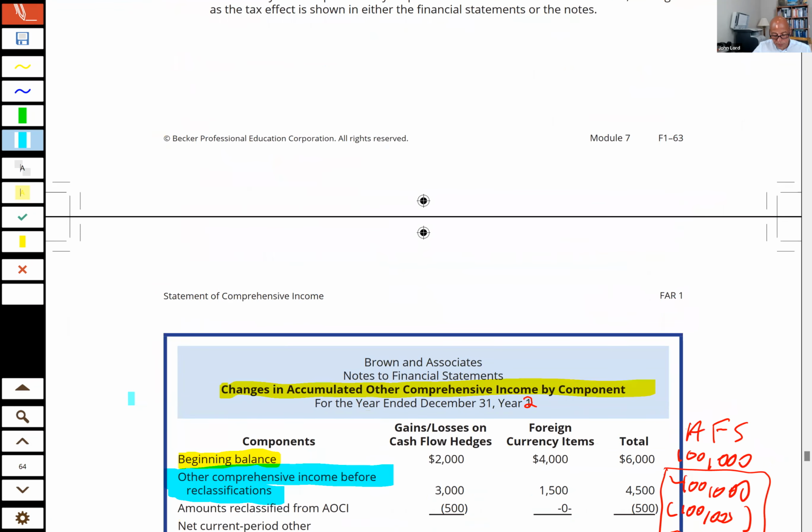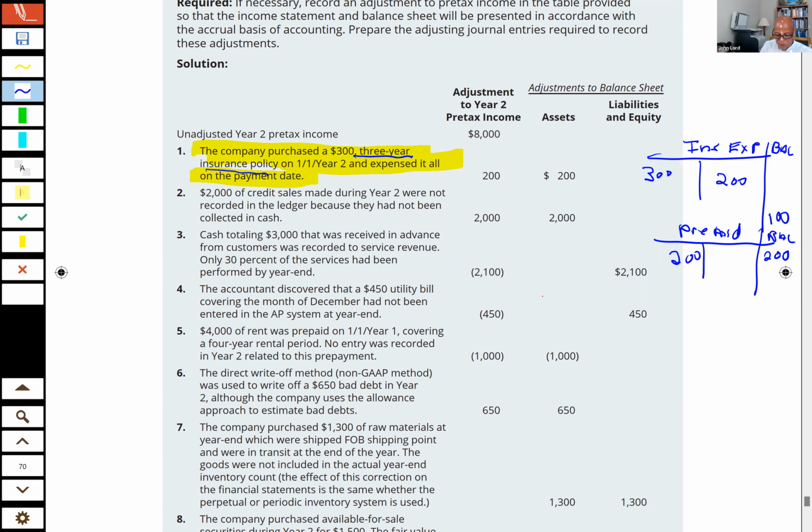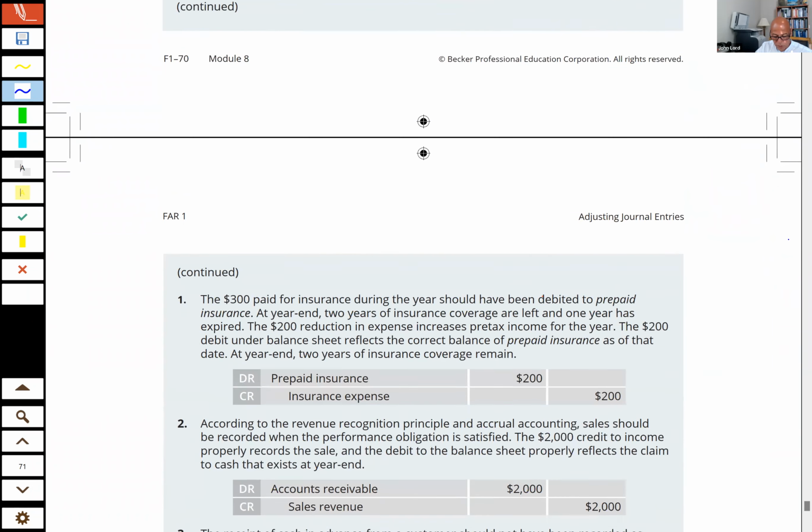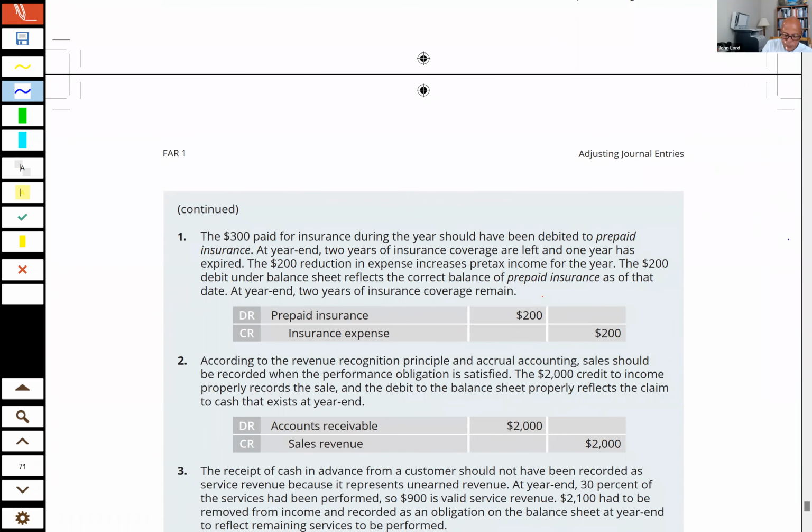Yep. Is it correct now? Correct. And so that's what they did here, even though they didn't show it to you here very well. But let's look at the journal entry down here where they give us the solution. That's what they did, right? They debit the prepaid, they credit the insurance expense.